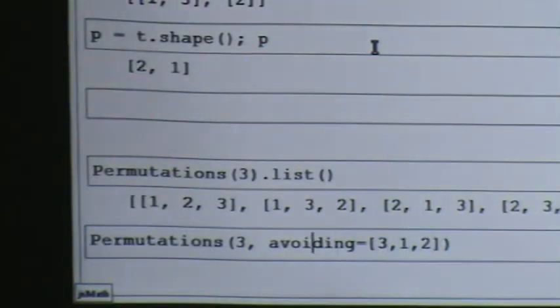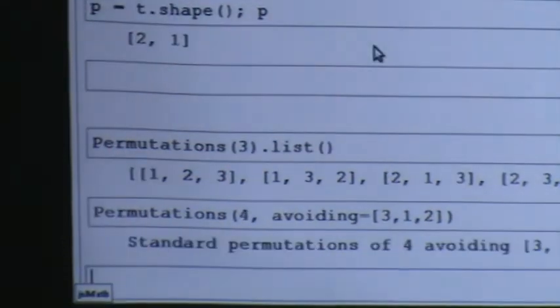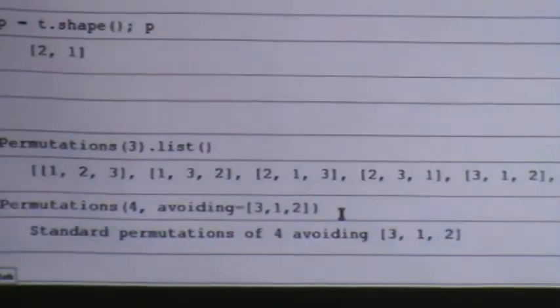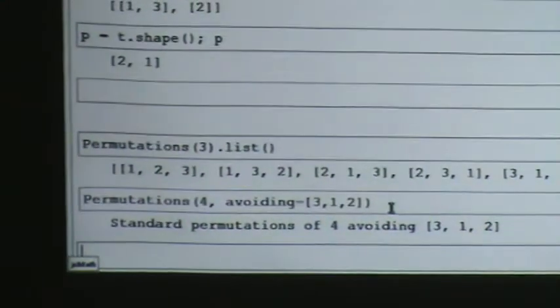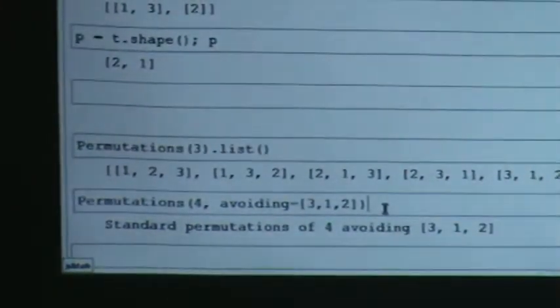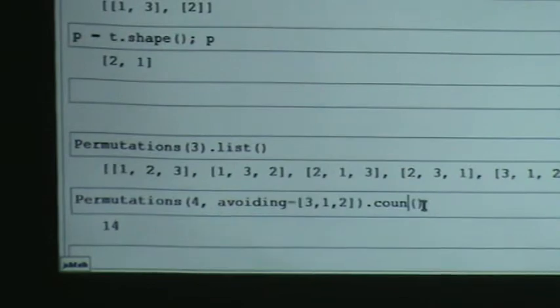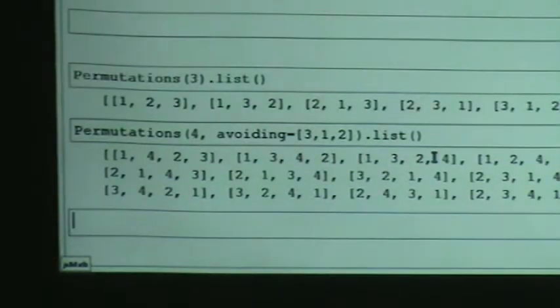I should make it something else to make it more interesting. So this is an object corresponding to the standard permutations of 4 avoiding 3, 1, 2. How many are there? There's 14 of them. Could I get a list of them? Yes, and that's what they are.